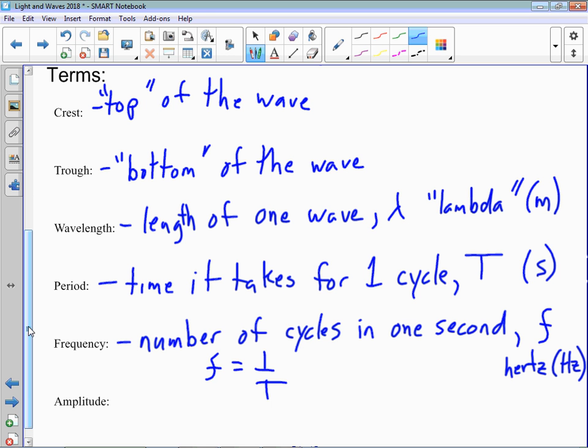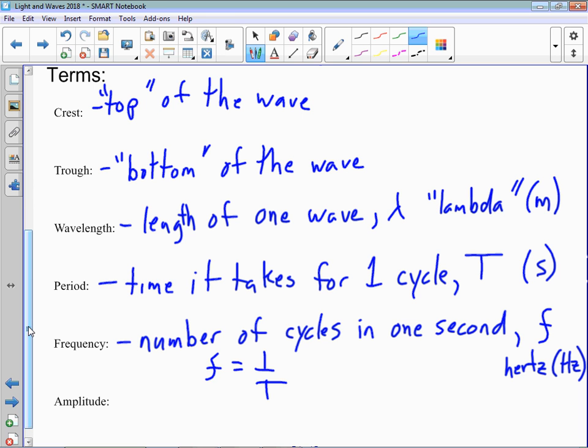If the period is 1 second, then you can fit 1 cycle into 1 second. If the period is 2 seconds, then you can only fit half of a cycle into 1 full second.